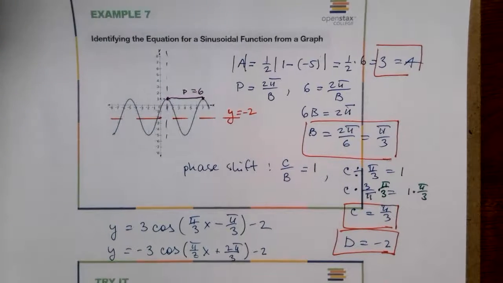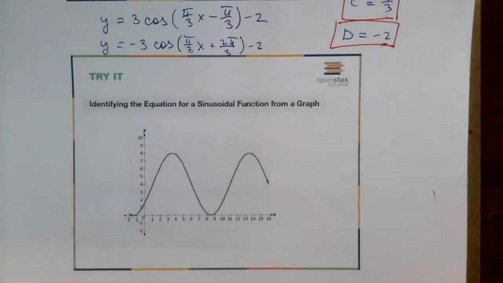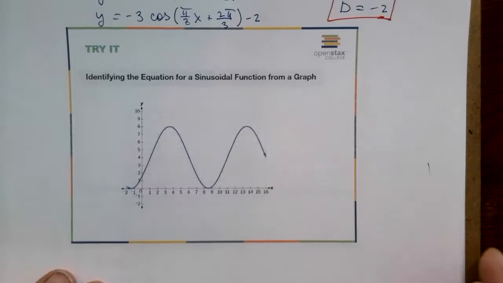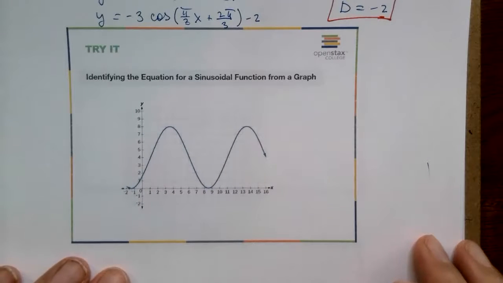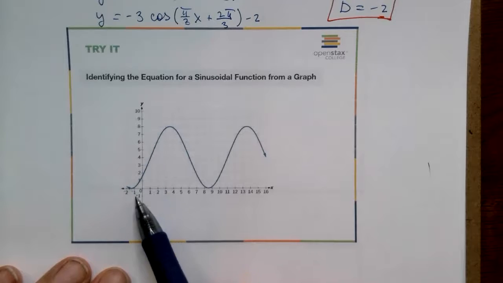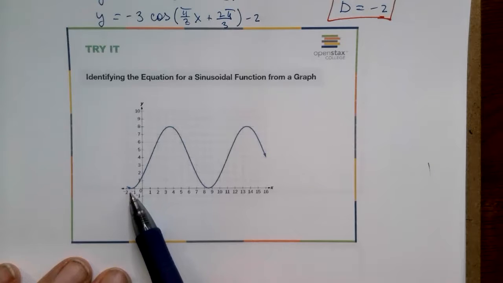Okay, and now I want you to try one by yourself. I want you to identify the equation for the sinusoidal function. So I think it crosses the x here at 1.5. So it touches the x-axis here at -1.5.